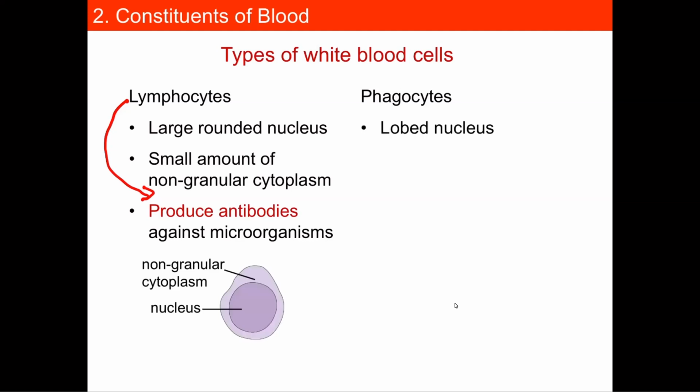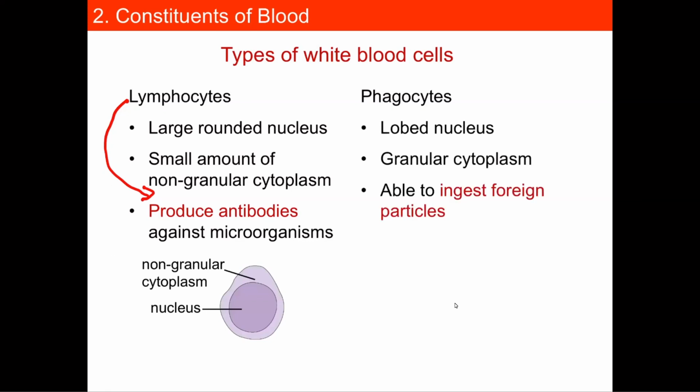Now phagocytes have a lobed nucleus, granular cytoplasm, and also ingest foreign particles. Ingesting foreign particles is via this process called phagocytosis.